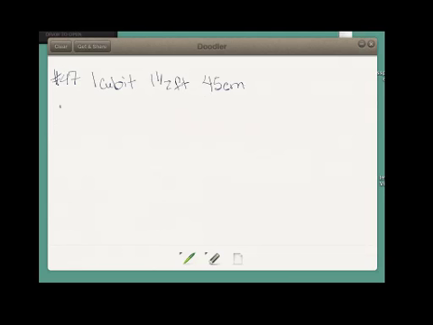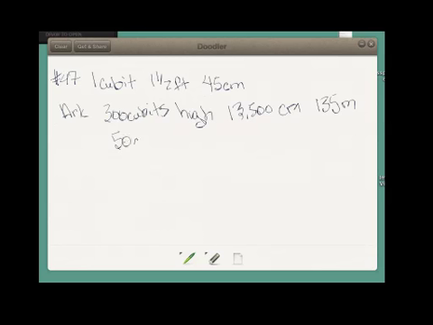So let's take a look at his ark. If it's 300 cubits long, that would be 13,500 centimeters, or 135 meters. It's 50 cubits wide.